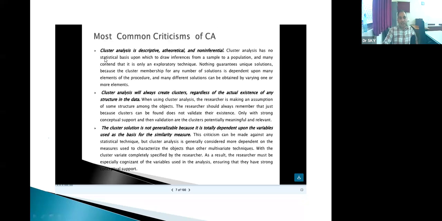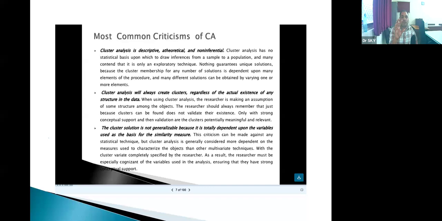So cluster analysis has no statistical basis upon which to draw inference from a sample to a population, as we do in classical inference, or Bayesian inference, or decision theoretical inference. So there is criticism of this cluster analysis, and many contend that it is only an exploratory technique, because we explore the things on the basis of the characteristics.